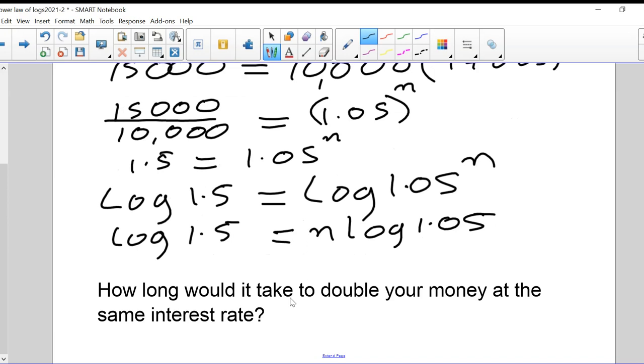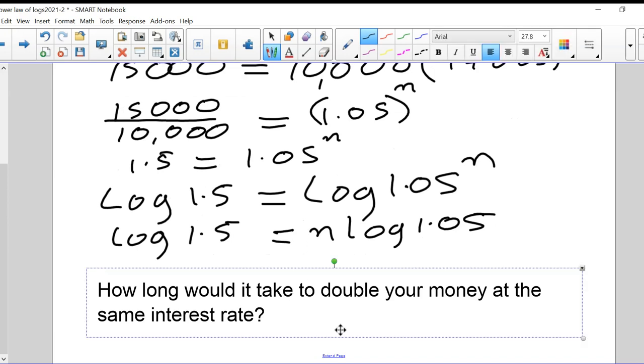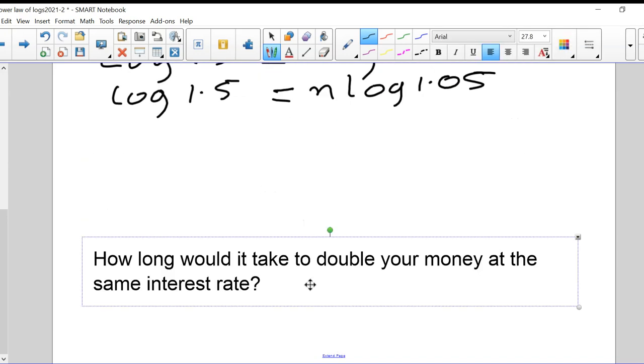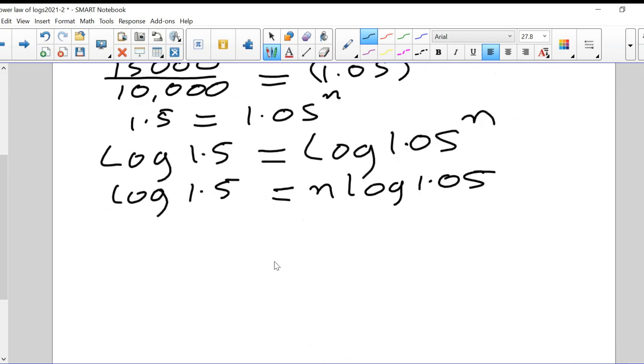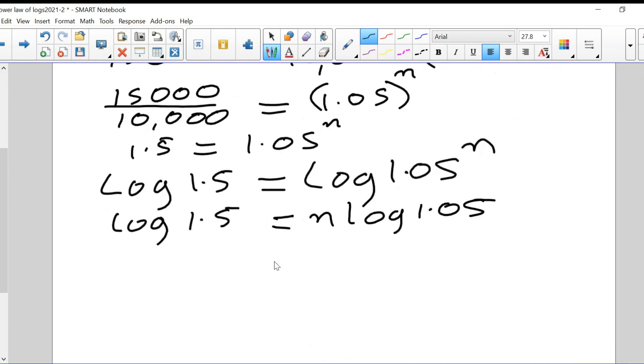All right, we're going to put this aside for now. We'll get this out of the way here. We'll come back to that. The log of 1.5 is equal to n log 1.05. Then divide both sides by, okay, I think I can do that. So you're saying divide both sides by the log of 1.05.